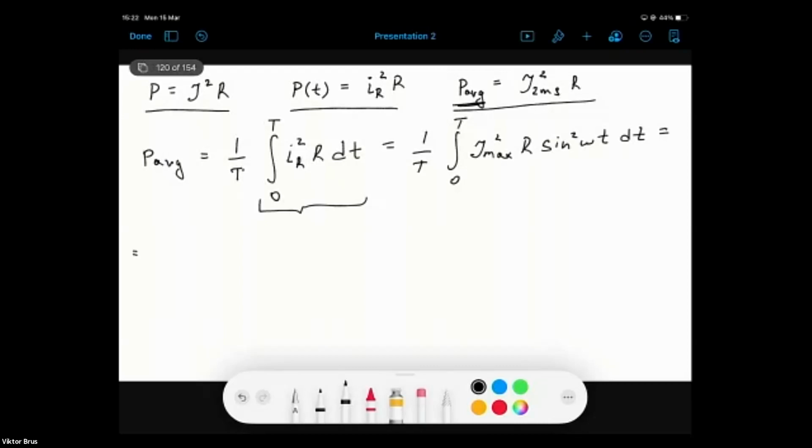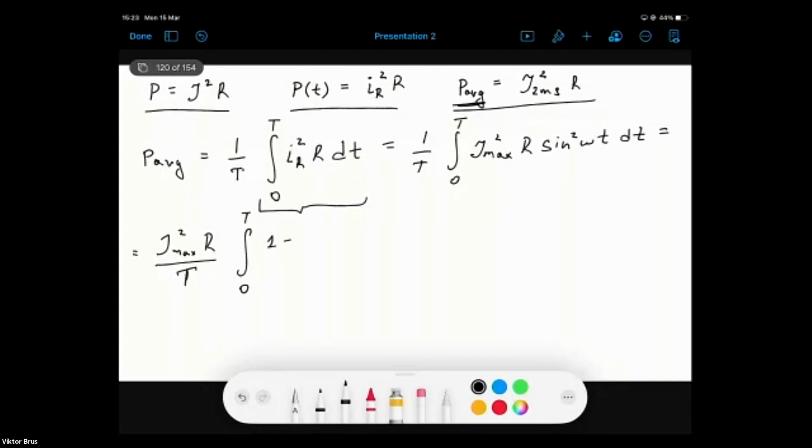It will be I maximum square times R over period T, integral from 0 to T, 1 minus.